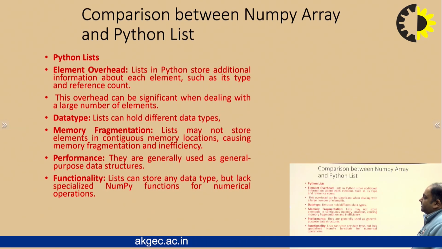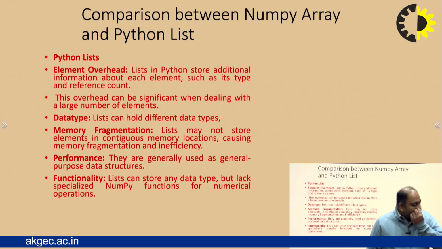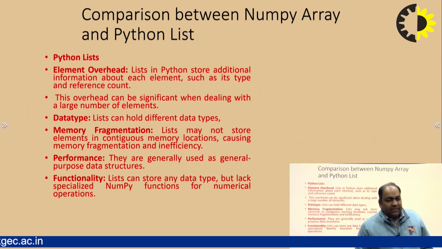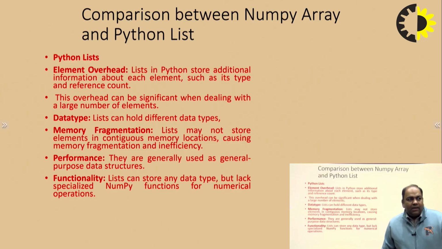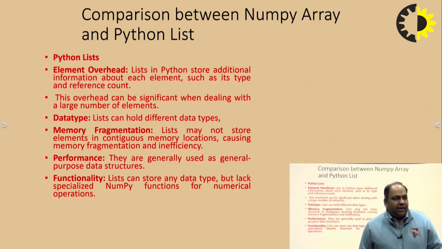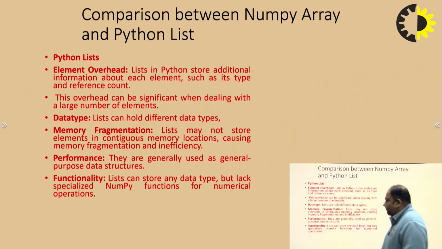So I will discuss it in detail, but before that I will compare this NumPy array with a Python list. Basically, lists have some limitations. Those limitations are element overhead, in which the Python list is not very feasible to use with a large number of elements.